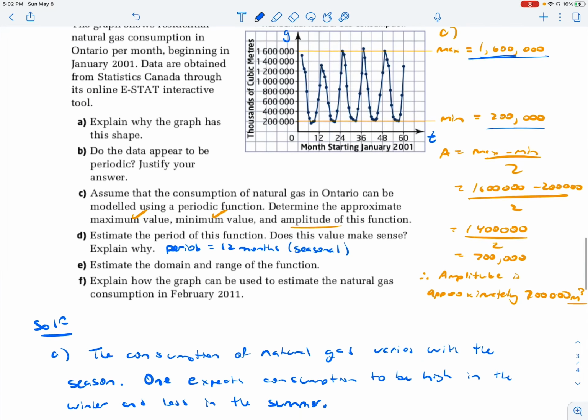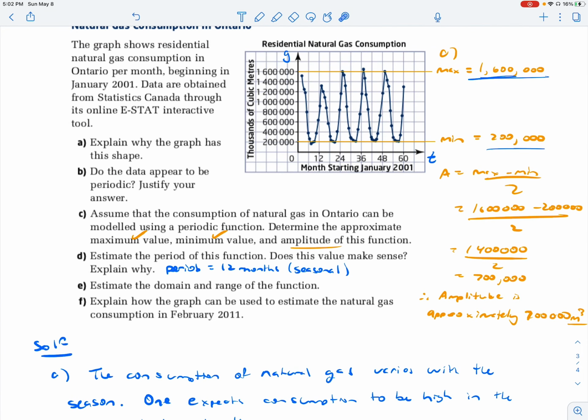Okay, and I would make sure you read February on the graph. It works out to be the peaks on all of these, except for the last one. That's a January reading because it lines up exactly with 60. So time 0 is January, then the 1 would be February.